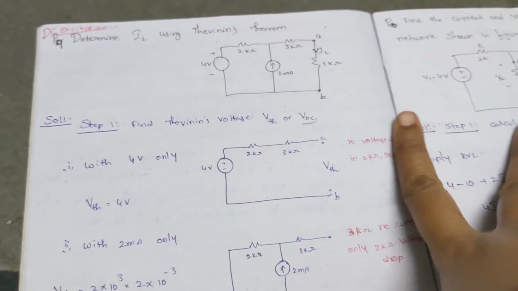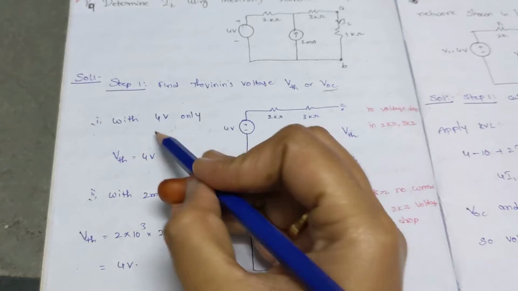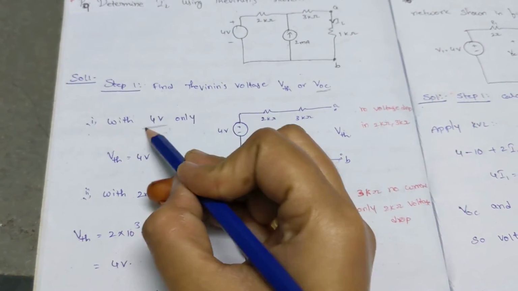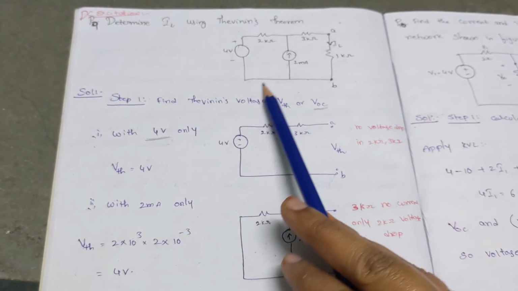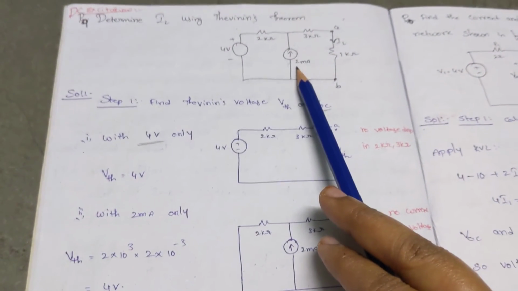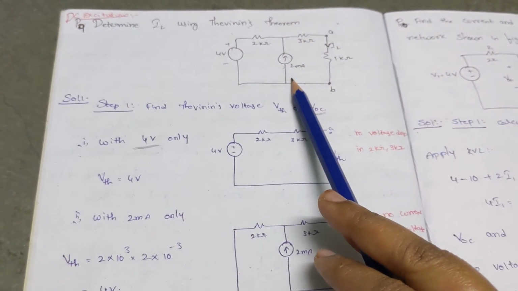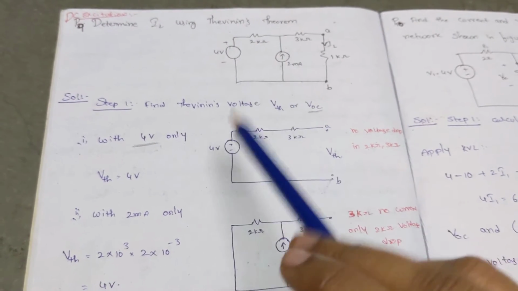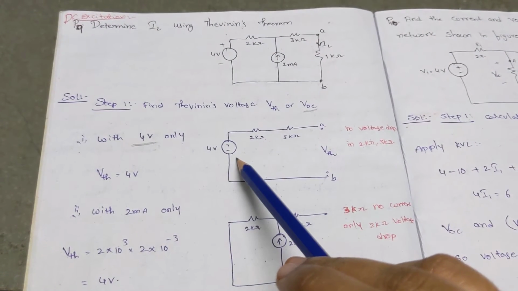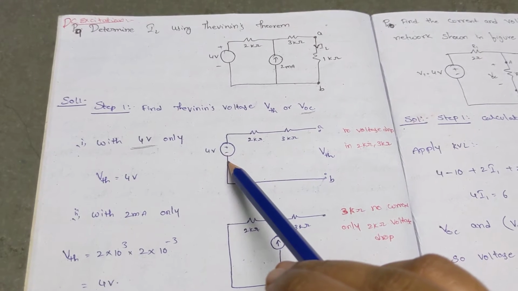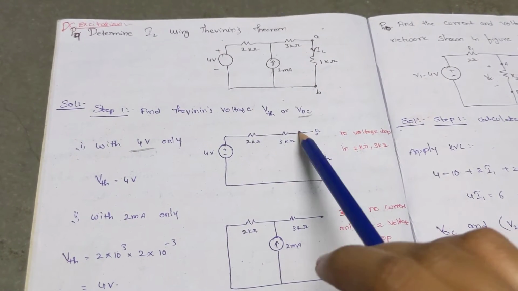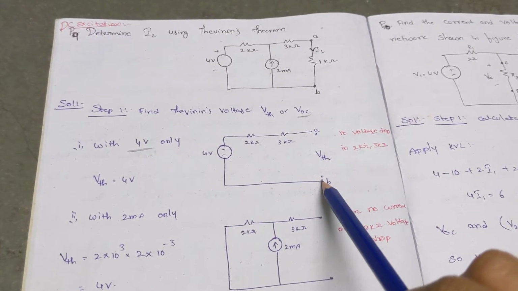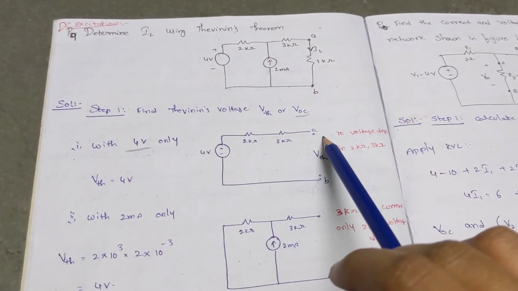Okay, so because of the 4 volt source, when I consider 4 volts alone, what about your 2 amperes? It will be open circuit. So whatever the 4 volts is there, the same voltage appears across your terminals, because no current is flowing through this one.